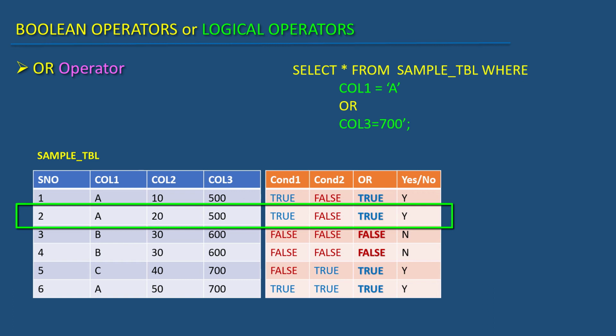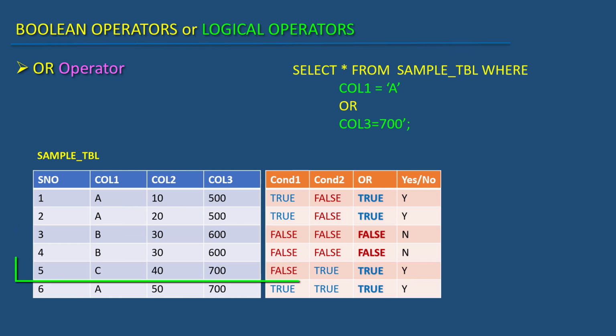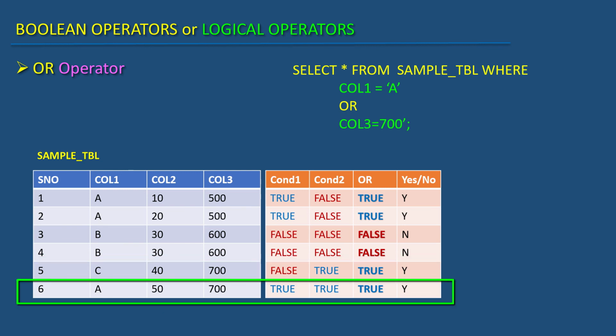Since condition 1 is true, this will also appear in the final result. Rows 3 and 4 will not appear in the final result as both the conditions are not met, meaning false. Fifth row will appear as condition 2 has been met. Sixth row will also appear since both the conditions have been met.